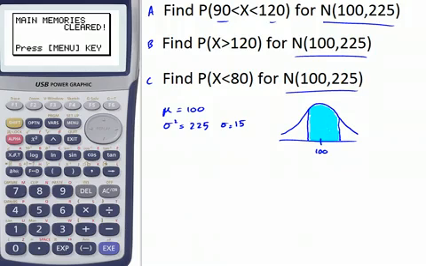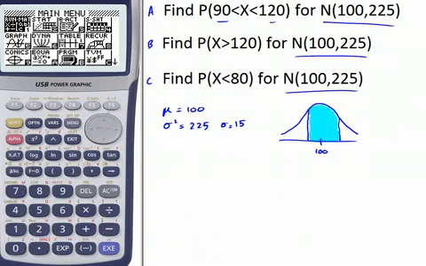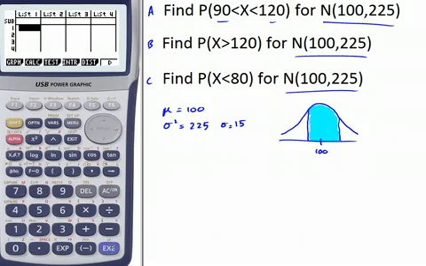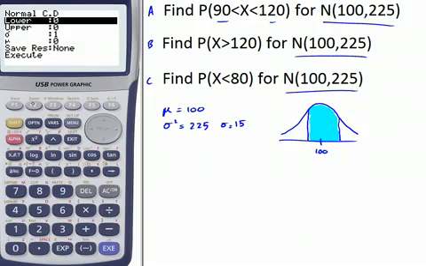So on the calculator, menu button, stats, distribution, which is F5, normal, F1, and we pick the probability button, NCD, which is F2. Now clearly here our lower point is at 90 and our upper point at 120.